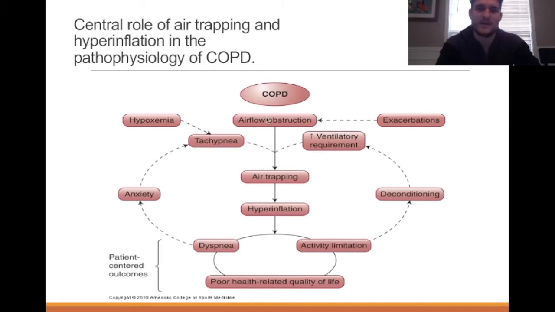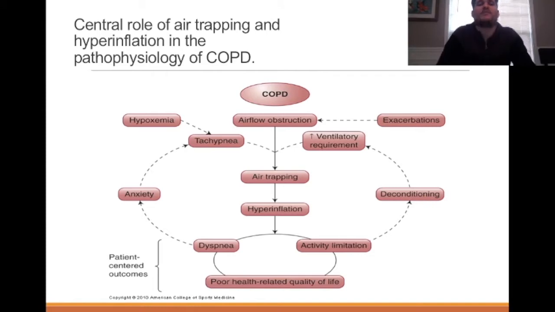So it's just this vicious cycle that COPD does to a person that results in a poor quality of life, because this person cannot get the oxygen demands that they need, and so they have to work harder in order to get that oxygen, and that makes a person feel very fatigued. And once they get into that zone, they can't even improve their health through exercise. And so that's when the condition gets worse and worse and worse.